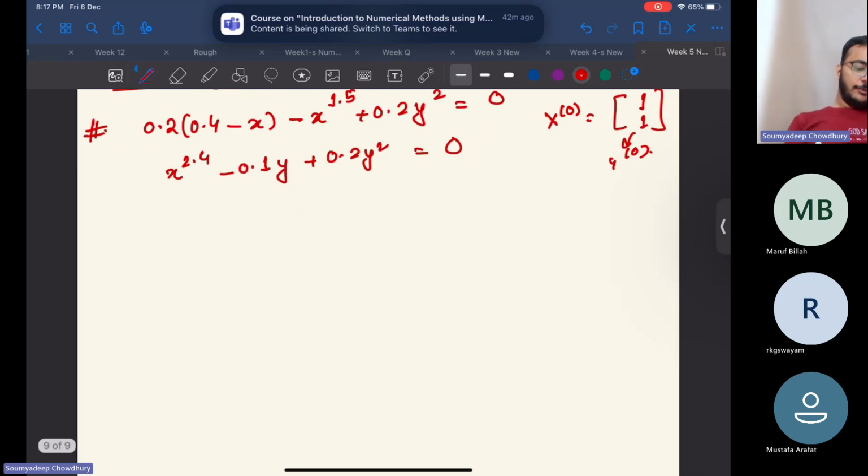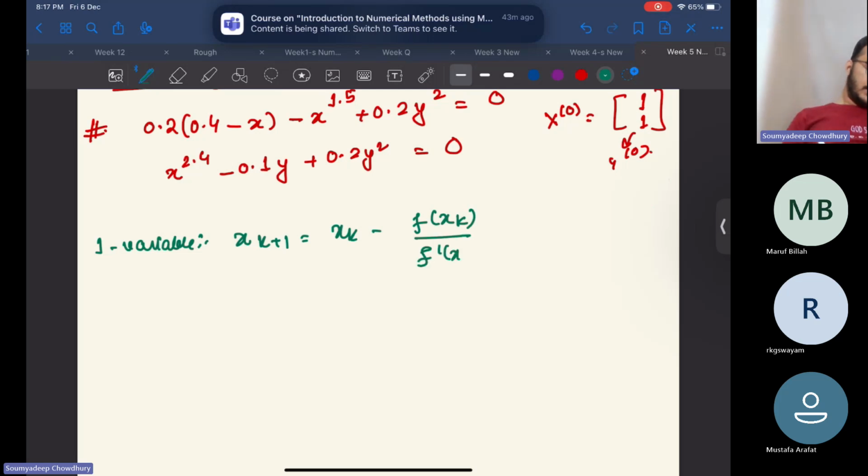So here the iterative formula will change a little bit. What was the formula for a single variable? It was basically x of k plus 1 equals xk minus f of xk over f dash xk, right? So here everything will be in matrix form.